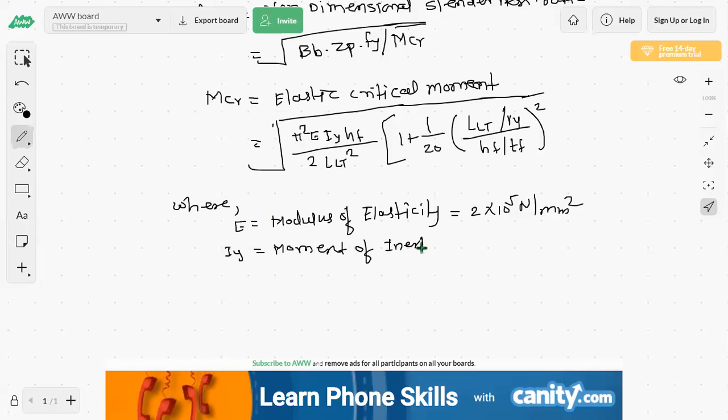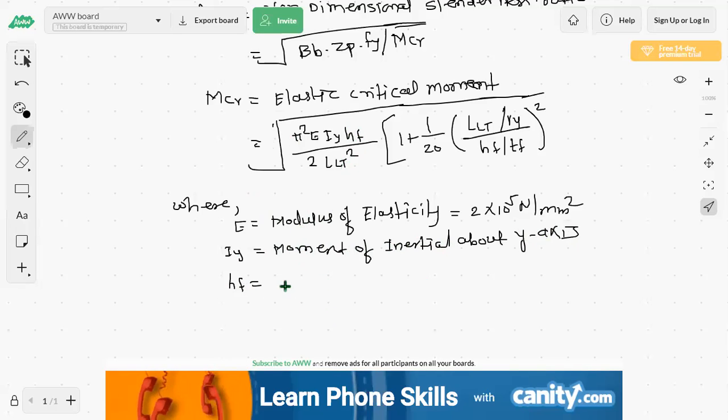Moment of inertia about y-axis. Then the next unknown is here HF.